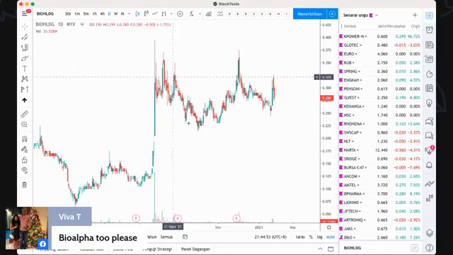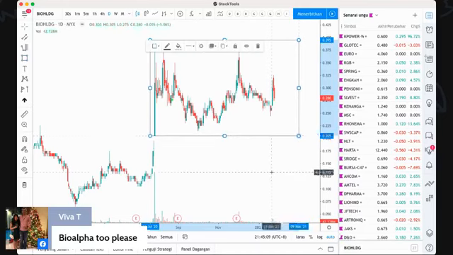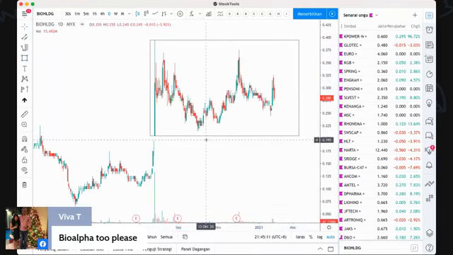After that, the price keeps trading in between this box. So let me draw the box first. So this is what happened in the bigger time frame.